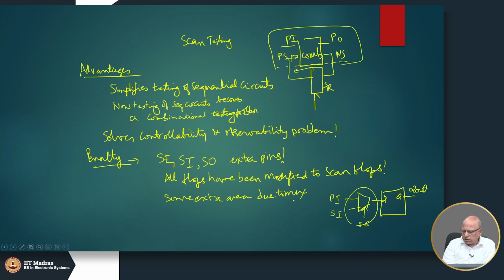That may not be such a big deal today, because our chips have a lot of gates. So, having a few extra multiplexers may not be a big deal. But there is a penalty of the gate delay. Originally this PI used to go directly to the D input.